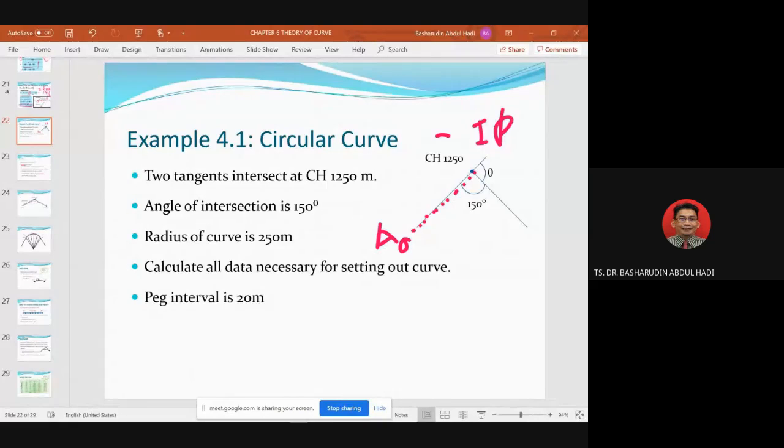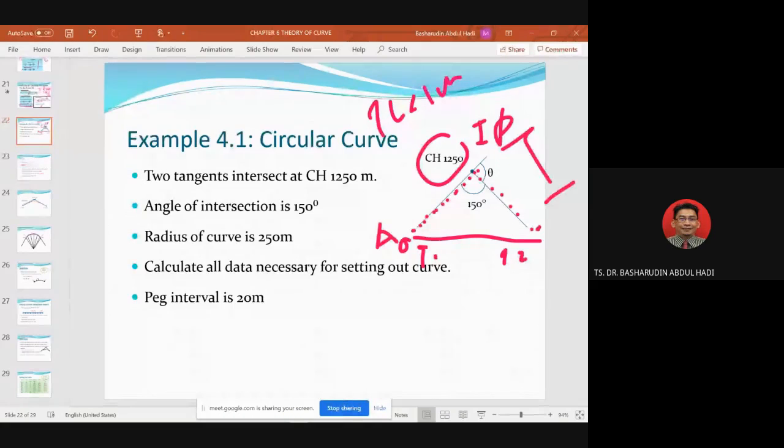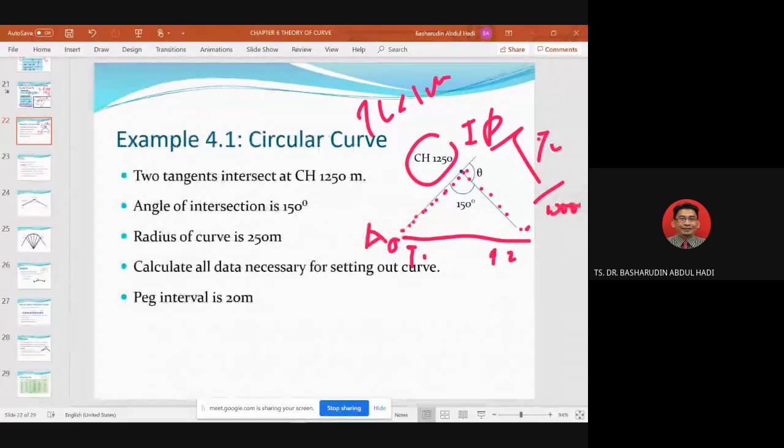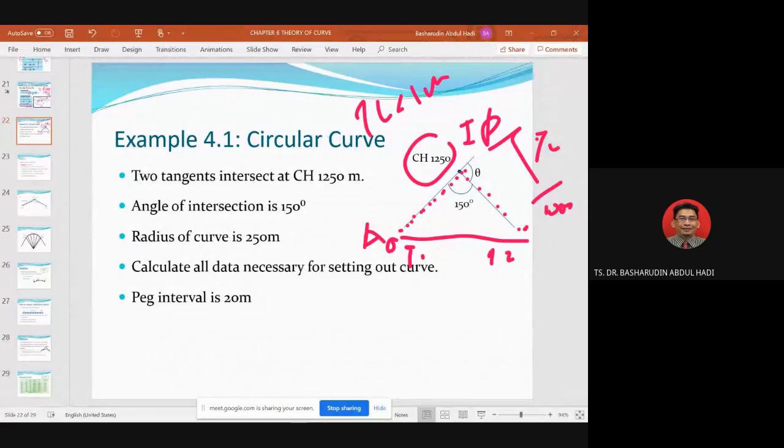The chainage is 1250, then 1251, 1252, 1253, until you reach T1, and then T2. Normally the distance is the same. For example, this tangent length is equal to 10 meter, and here also the tangent length is equal to 10 meter. Again, chainage means the length of the road during construction, considered in meter.